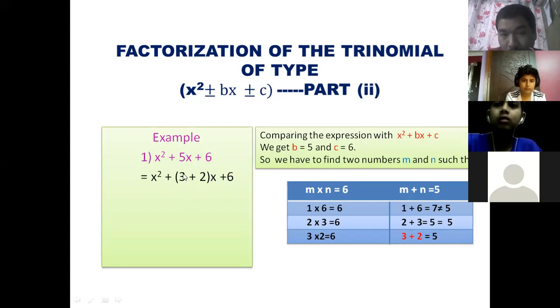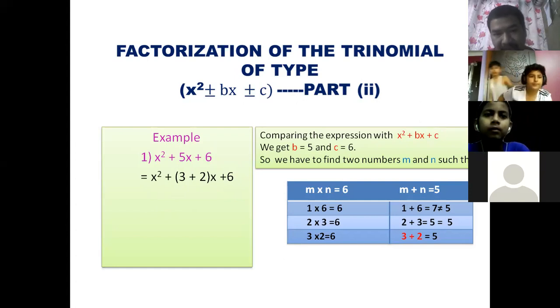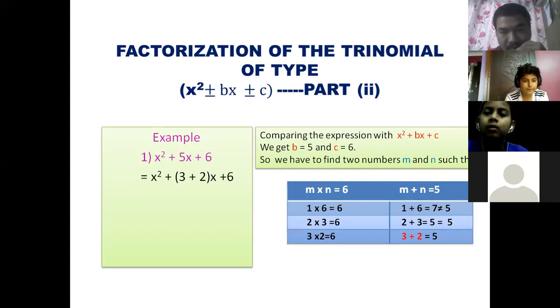But whatever you are telling will be in the next step, when you remove the bracket. Nevisa, when you remove the bracket, what will be there? 3 will multiply with x, 3x, and 2 will multiply with x, 2x.